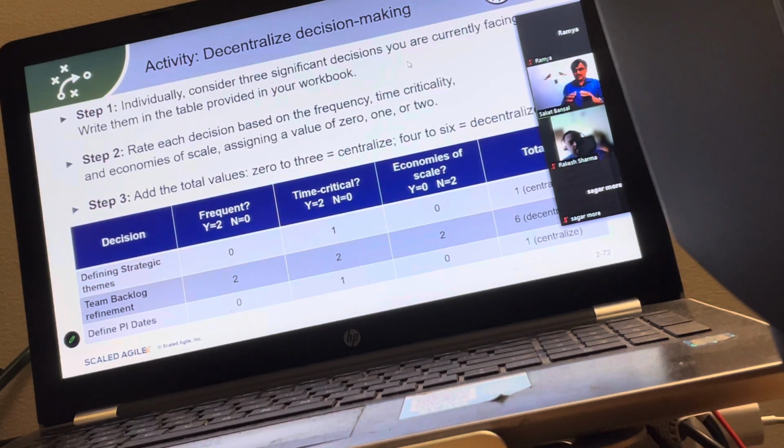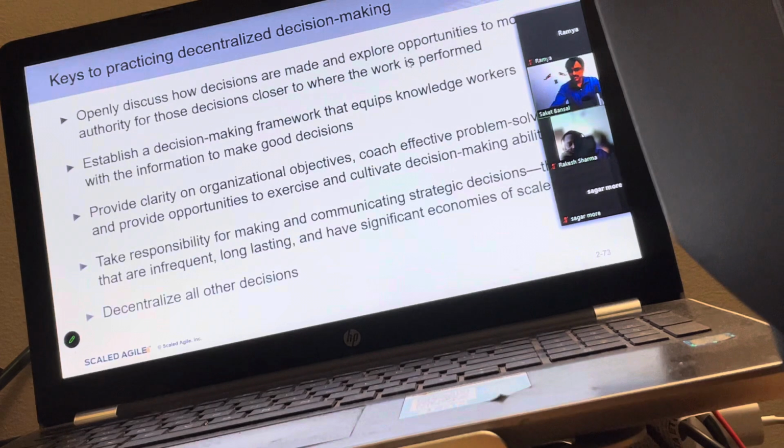The estimation of ART backlog is with the architect and the product management. The prioritization of ART backlog is with the product management. So those things we will see, and in a way that centralization and decentralization aspect is already taken care of in the framework by default. But if there is any deviation, we can use this idea to figure out who should make the decision at what level. Yeah. So that's the centralized versus decentralized.